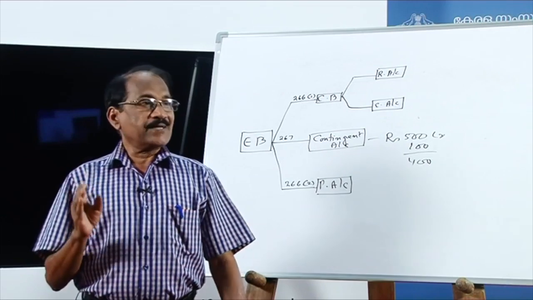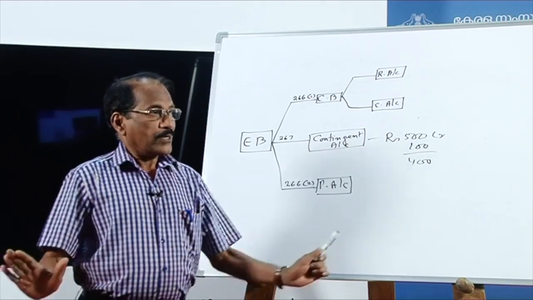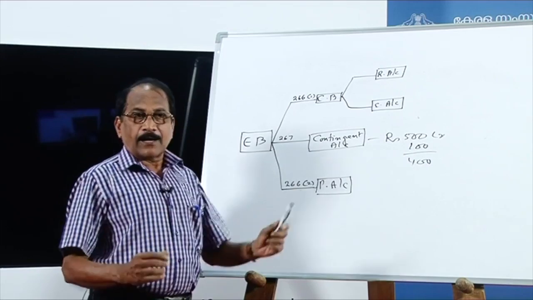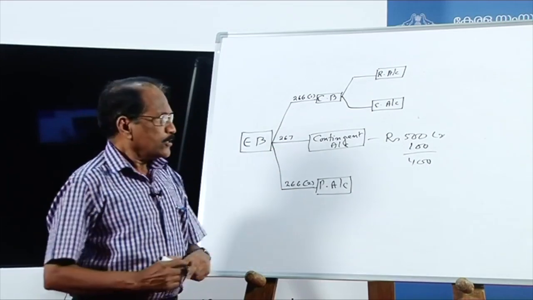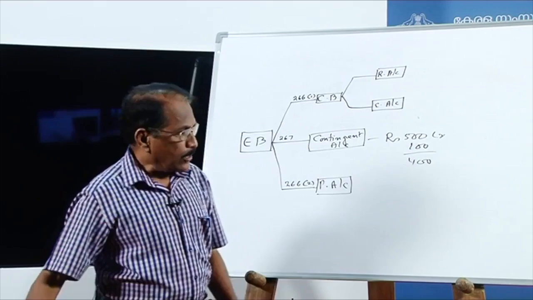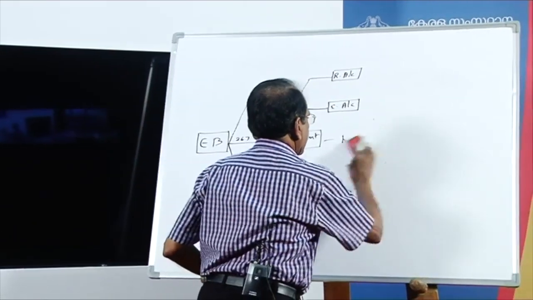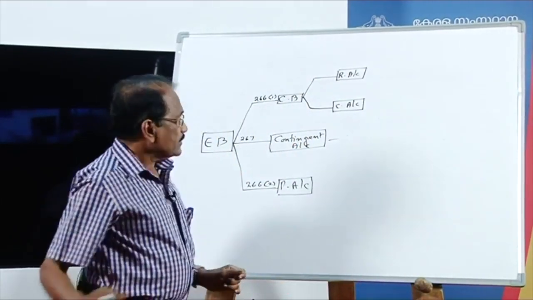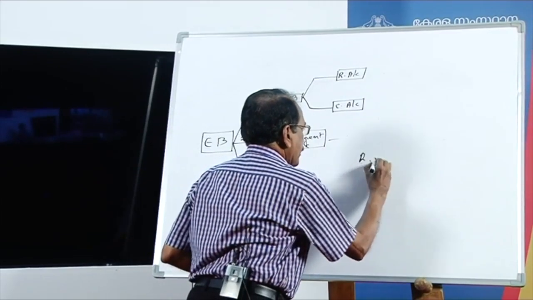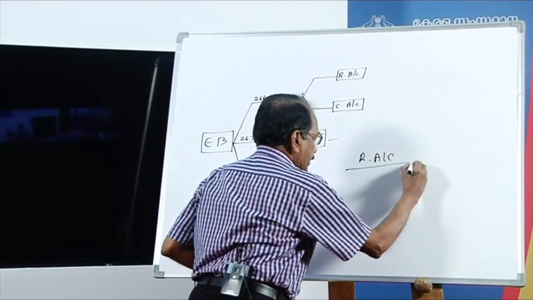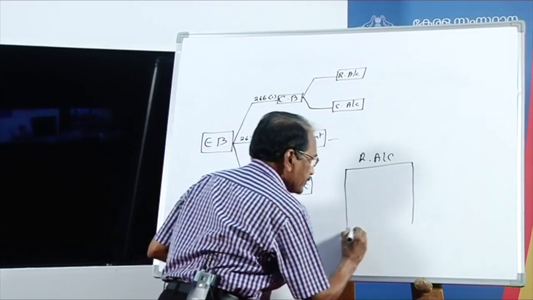Two accounts, and the two accounts are separately maintained. For example, the revenue account you are taking, revenue account will be consisting of two columns.